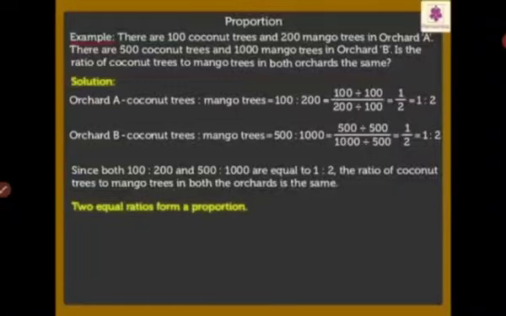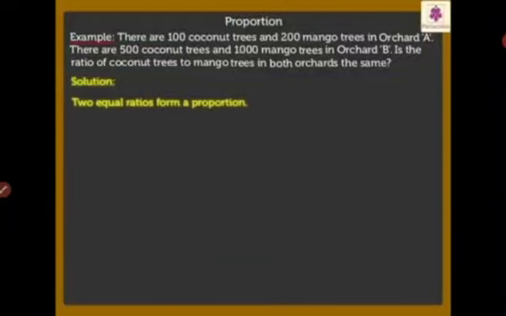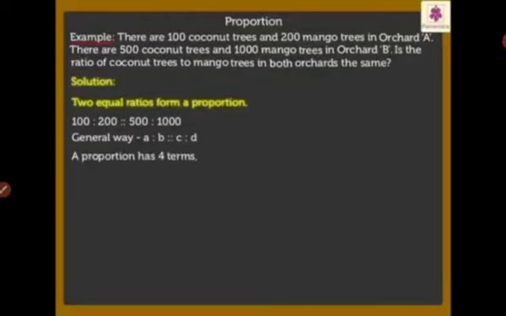Here, in this example, we express these two ratios mathematically as follows. It is read as 100 is to 200 as 500 is to 1000. In general, it is written as A is to B as C is to D. A proportion has four terms.